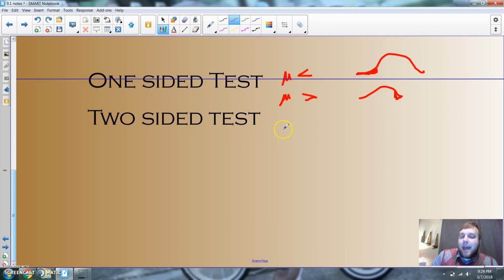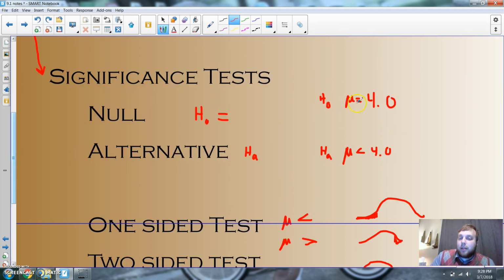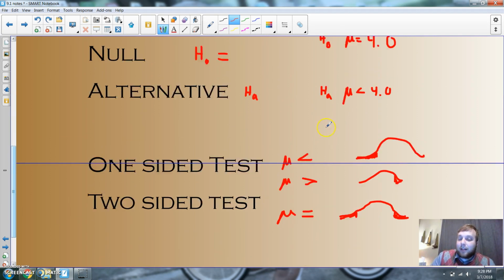I just think they're lying to me, you know? And so, a two-sided test would be, you know what? They could be either low or they could be high. I just think they're lying. So I can't put equals because that's the claim, right? That's the hypothesis, that it exactly equals.